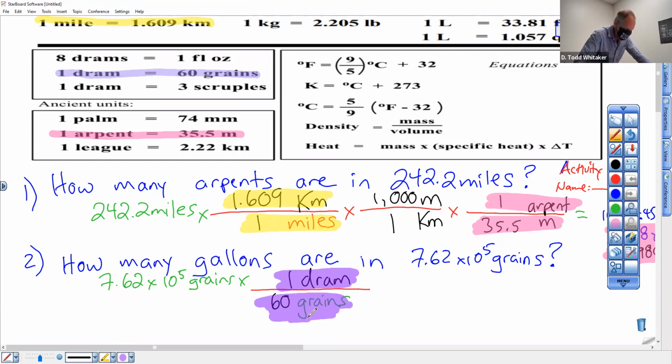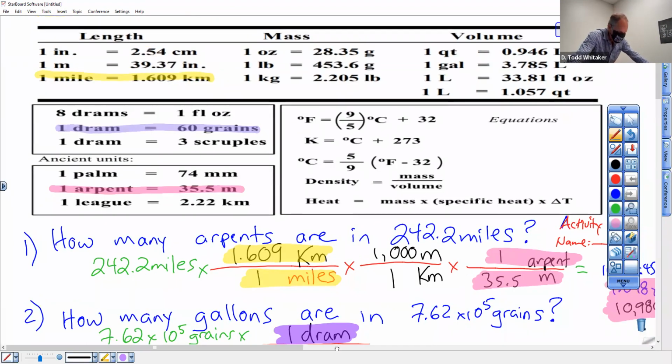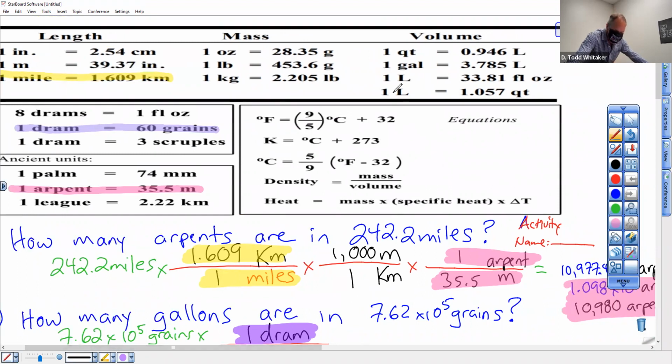Okay, now you're at drams and you got to get to gallons. Well, any suggestions? She likes going to fluid ounces because she saw fluid ounces again up here where we're at liters, and we know liters can go to, let's see, we don't know gallons.